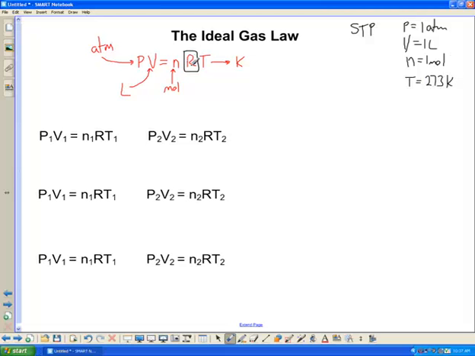Plug all those into your formula, get out a value of R, and what you would get out would be R is 0.082.